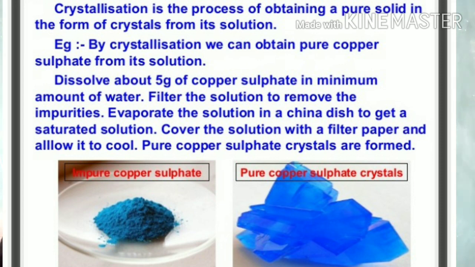Now I am going to cover the solution with filter paper so that the filter paper absorbs the water present in it, and I am going to allow it to cool for a few minutes. After a few minutes, if I remove the filter paper, I am able to see the pure crystals.